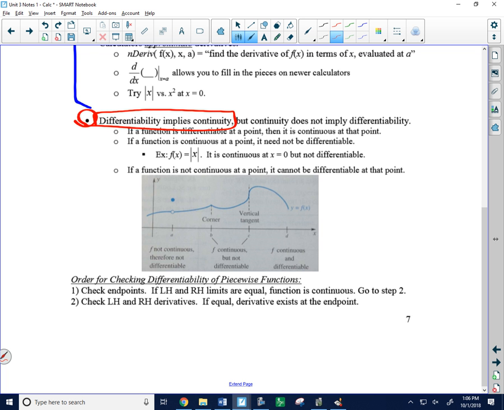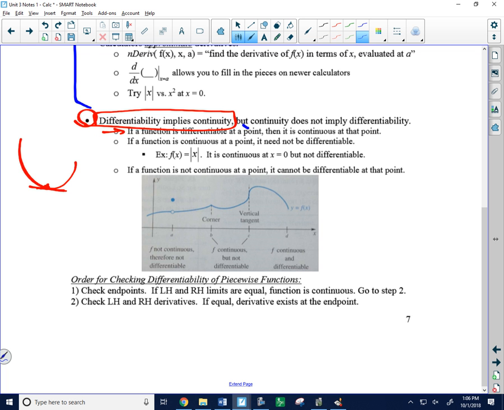If a function is differentiable, it's continuous. So like x squared, if you can do the derivative like we did at any point, then it's mandatory that it had to be continuous. If it's not continuous, you wouldn't be able to do a derivative. So if you can do a derivative, it automatically was continuous there.